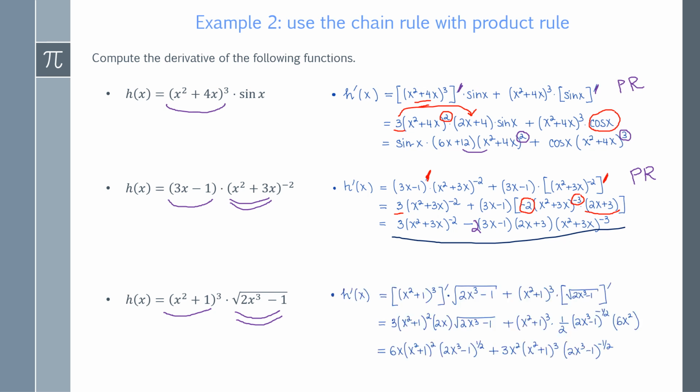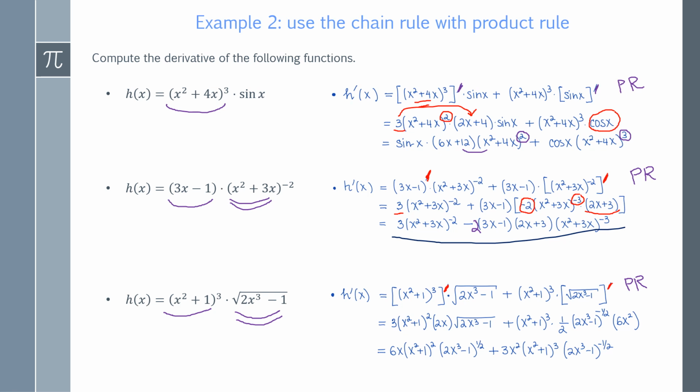The first step is the same. We're going to apply the product rule. I'm abbreviating it as PR, product rule. The derivative of the first function over here, the derivative of the second over here. So that's my initial setup. And now we apply the chain rule once for each of the functions.